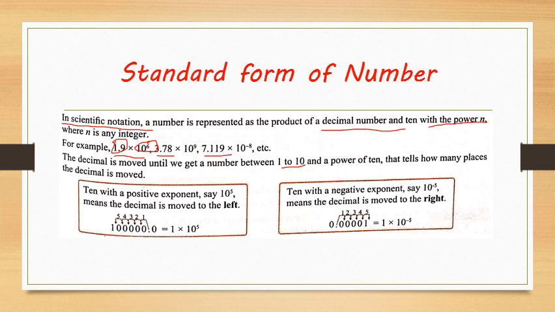So let's see how we can make this. Ten with a positive exponent, when we write a positive integer in place of n, and when we write a negative, here we have a negative and here a positive. Ten with a positive exponent, say 10 to the power 5, means the decimal is moved towards the left. Suppose we write ones, tens, 100, 1000, 10,000, lakh.